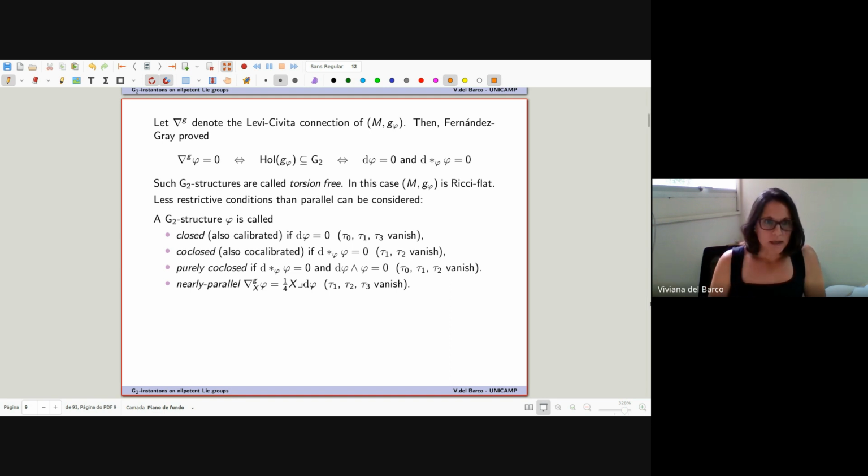But let me say, as you can see, every purely coclosed G2 structure is coclosed. Okay, so I would say that the class of PCC is contained in coclosed, because I will be working with those.